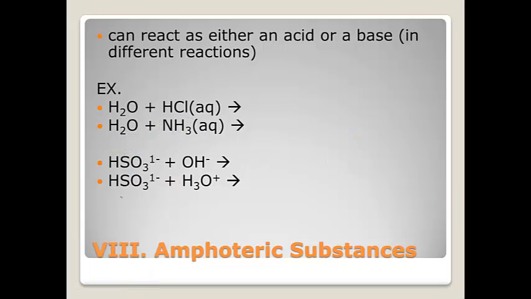Well, what happens if you try and put it in an acidic solution? It will accept the H plus and turn into H2SO3 plus H2O. Okay, so in this case, it's acting as a base. It's accepting the H plus.